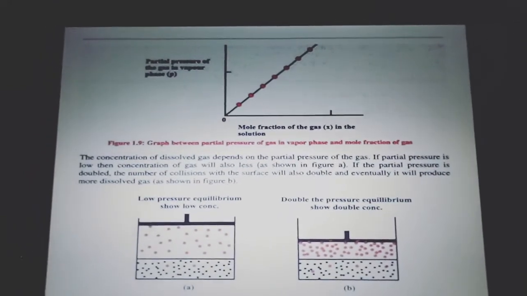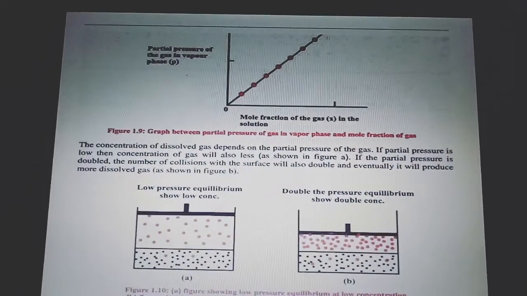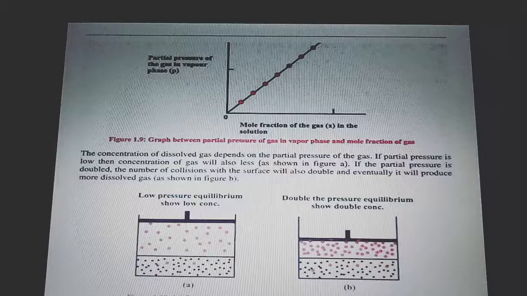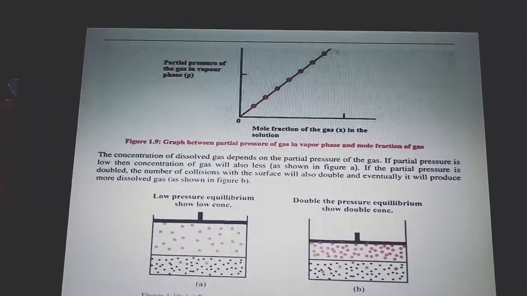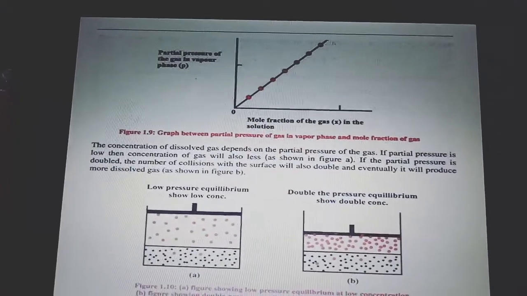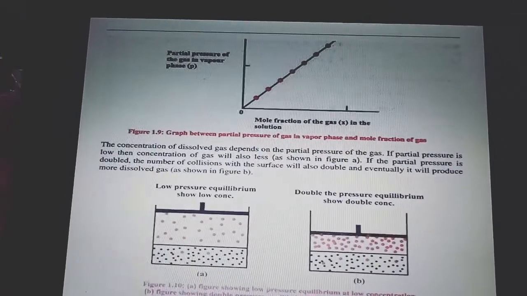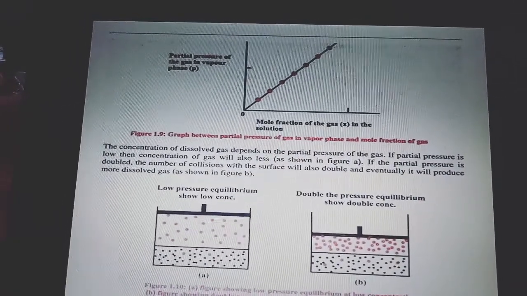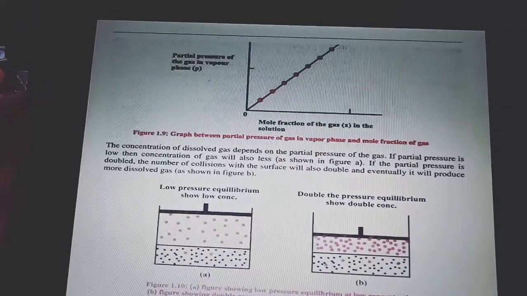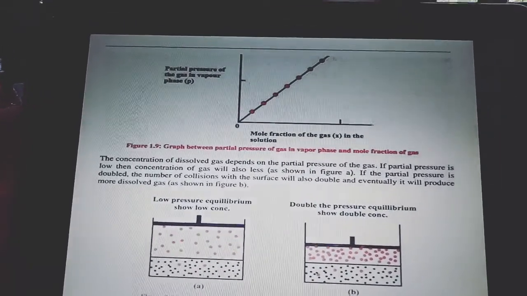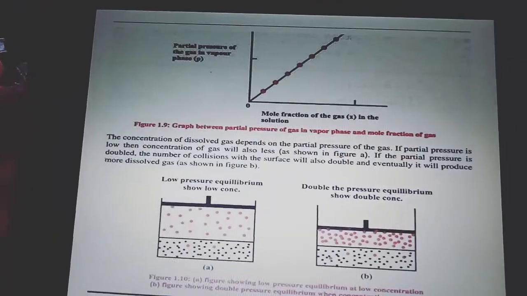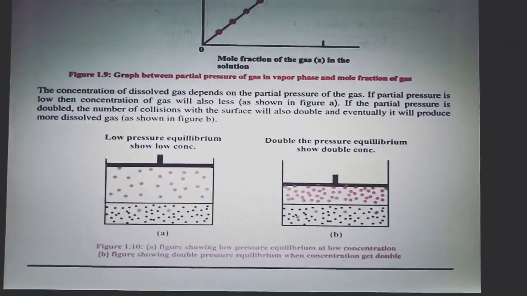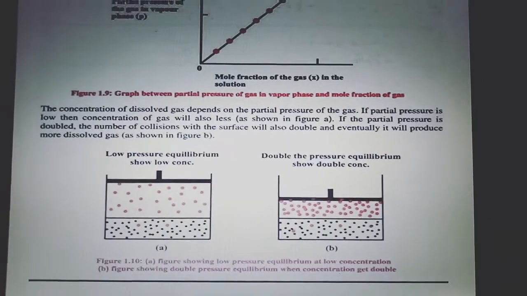Now students, you can see this is the graph between the partial pressure of the gas in vapor phase on the y-axis, and on the x-axis the molar fraction of the gas. It means that the partial pressure of the gas in the vapor phase is directly proportional to the molar fraction of the gas. The concentration of dissolved gas depends upon the partial pressure of the gas.